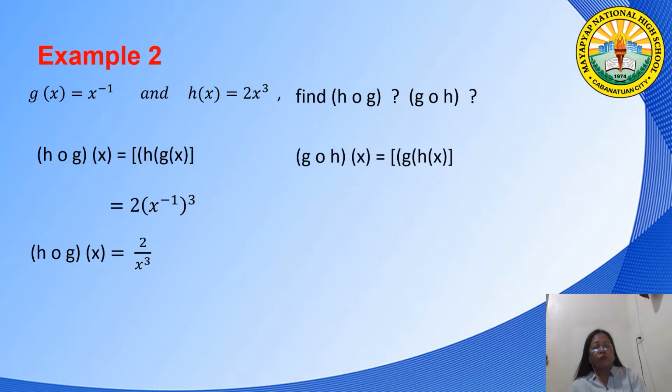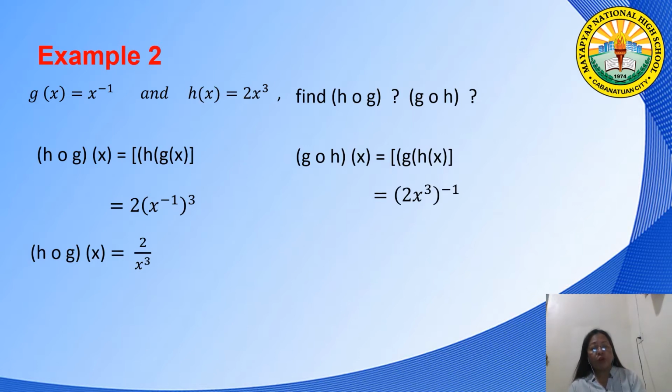And for g composed of h of x, by definition again, equals g of h of x. Again, h of x is the domain of g. Our g is x raised to negative 1. So therefore, this becomes 2x to the third power raised to negative 1.